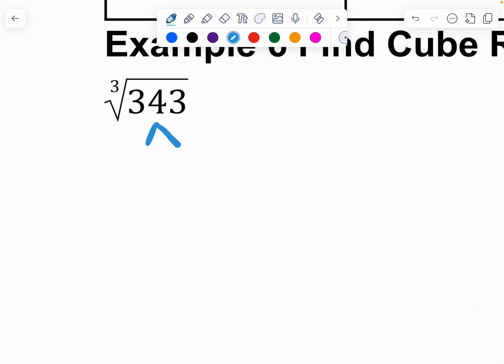So, what goes into 343? Well, 343, 2 doesn't go in. Does 3 go in? Well, 3 plus 4 is 7. 7 plus 3 is 10. So nope, it's not 3. Does 4 go in? No. Does 5? No, because it doesn't end in 5 or 0. 6 doesn't because it's not even. 7. Well, let's try 7. Does 7 go in? 7 goes in 49.